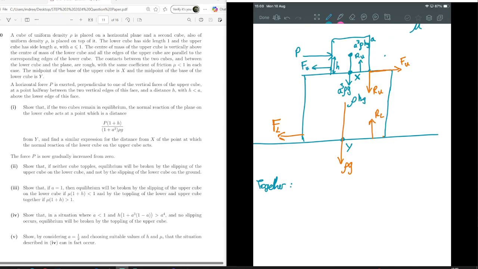and well, let's take some moments. Let's take moments around the point Y, because I want to know the distance from the point Y. And if I take moments around there of the entire system, well, what forces do I have?